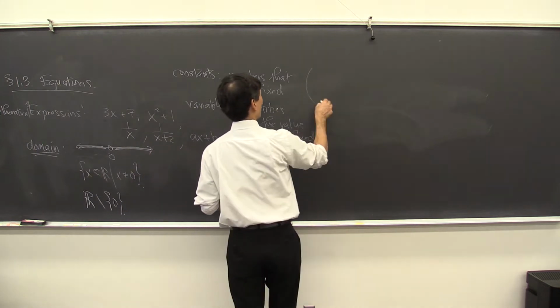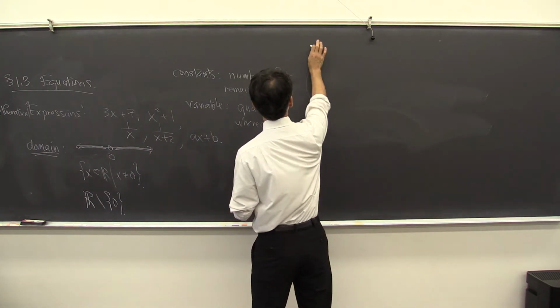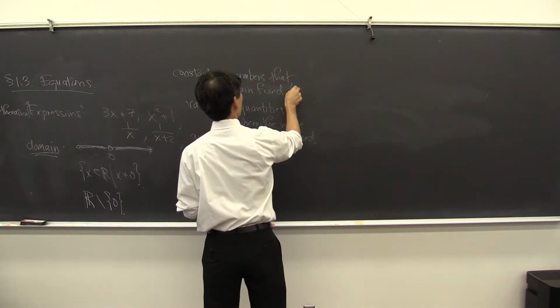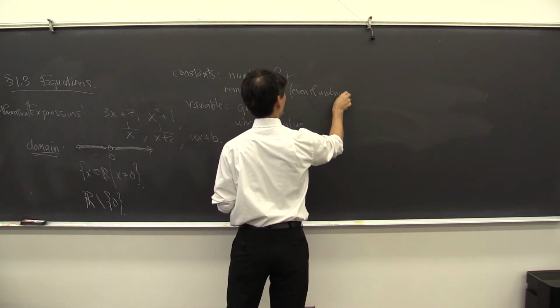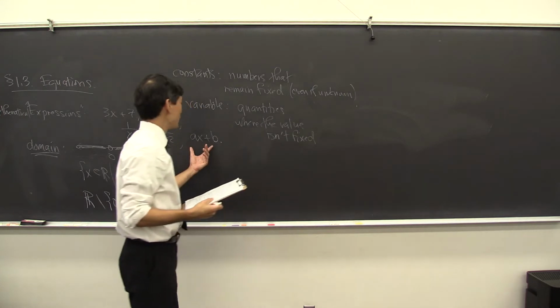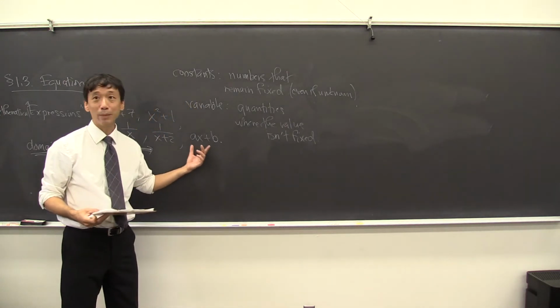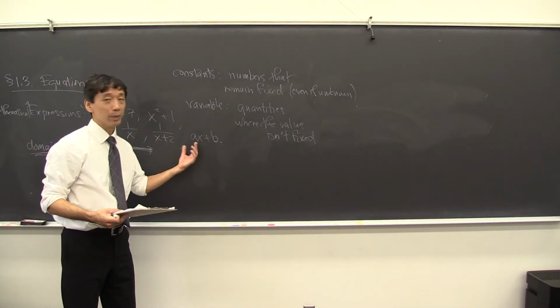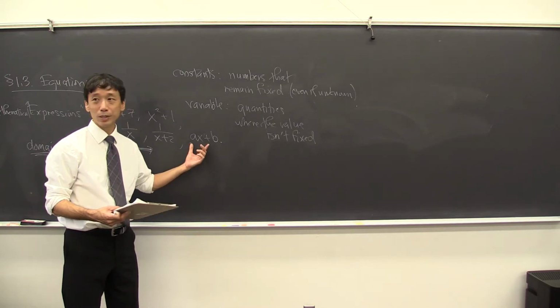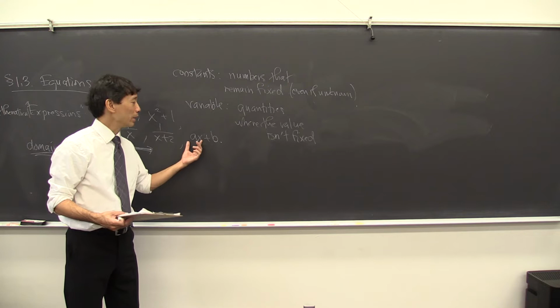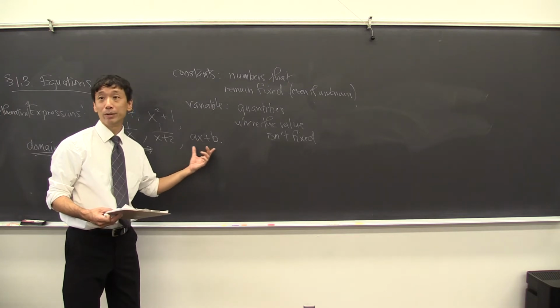Constants are numbers that remain fixed, even if unknown. Sometimes you'll see something like mx plus b. M is some fixed constant. You don't know exactly what it is, it's just specified by m, but you don't consider it to be a variable.